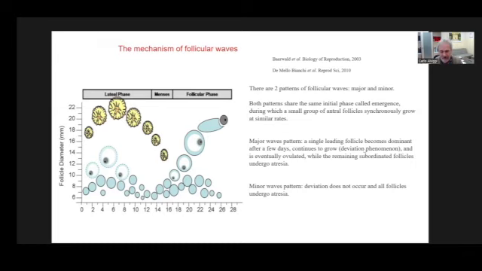In the other waves, we don't have deviation. We have growth of follicles, but no follicle reaches real dominance, so there is no deviation. At the end, that given follicular wave doesn't reach ovulation, but the wave moved anyway. So this is what usually happens.